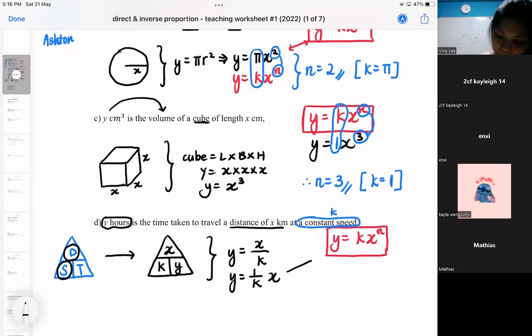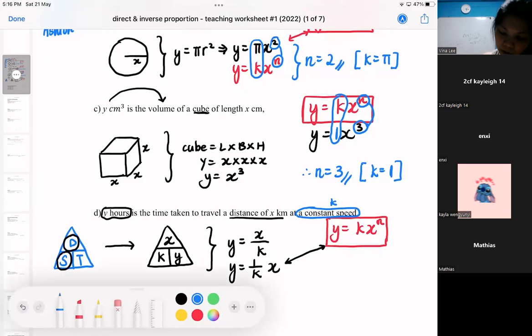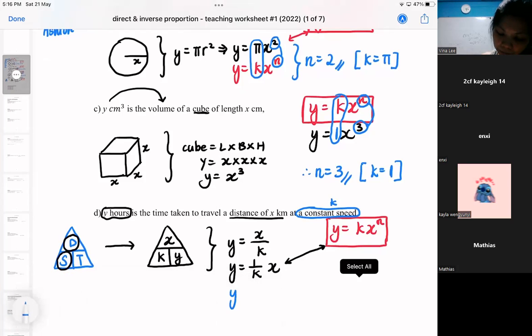If we do the comparison, Abigail, your n is actually correct. Your n is 1.